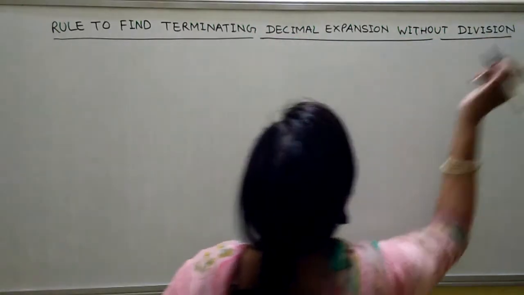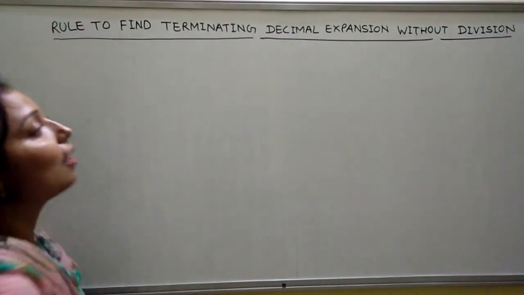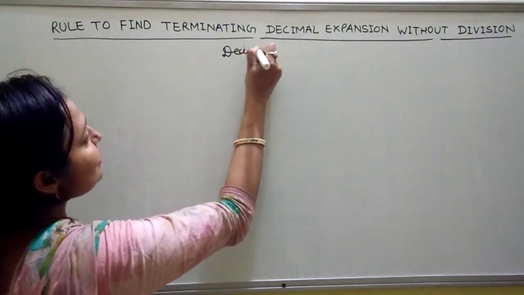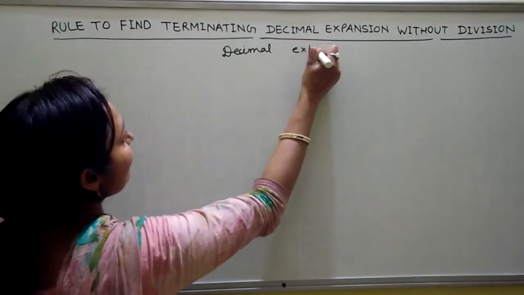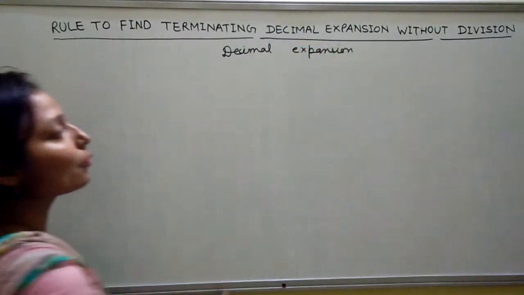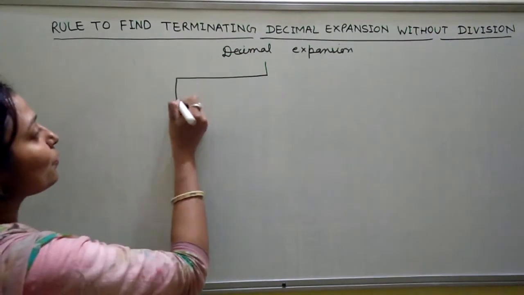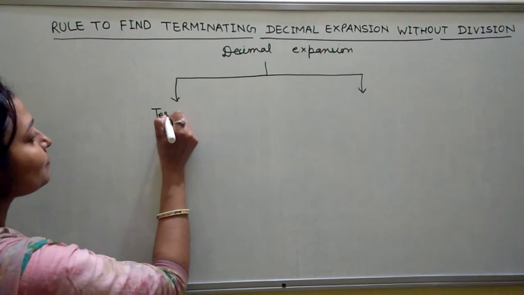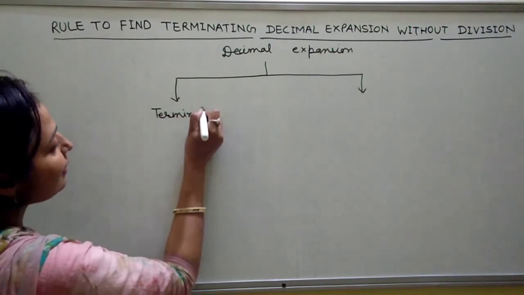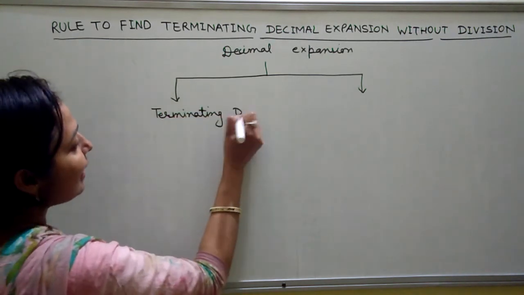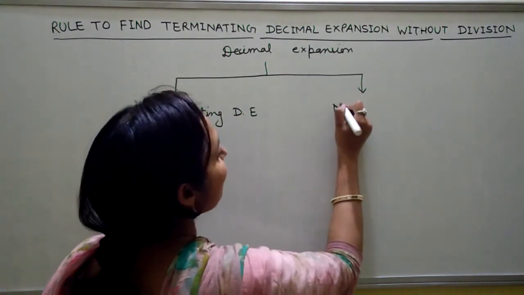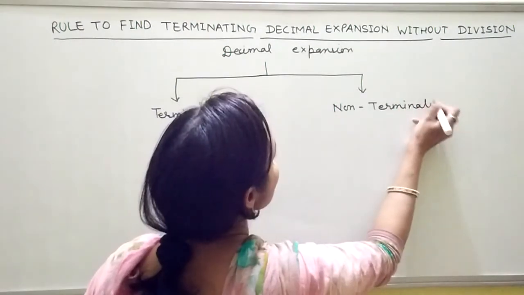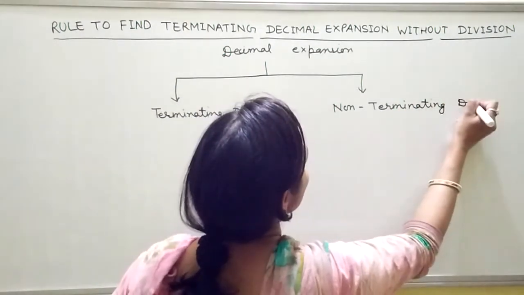Very easy topic. Before starting the topic, I want to tell you there are two types of decimal expansions. In class 9, it was told to you there are two types of decimal expansion. First is terminating decimal expansion. The second one is non-terminating decimal expansion.